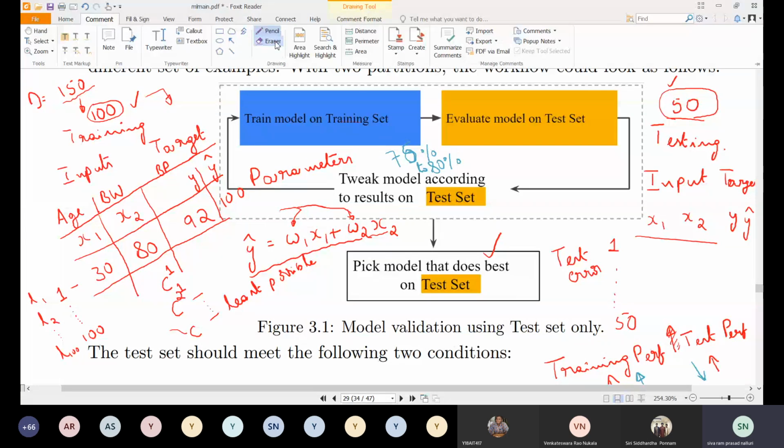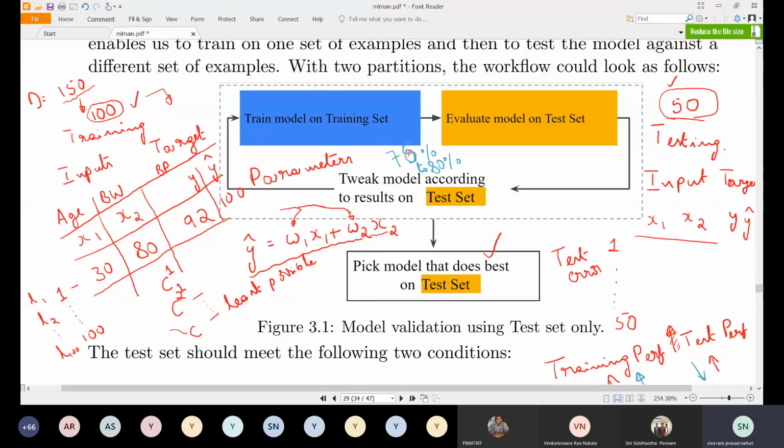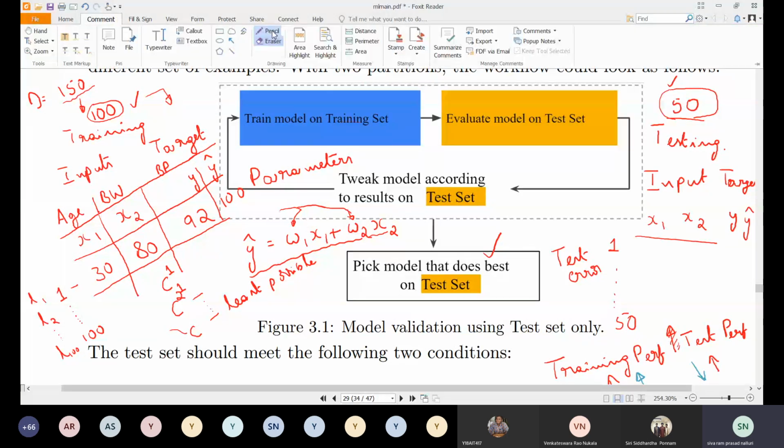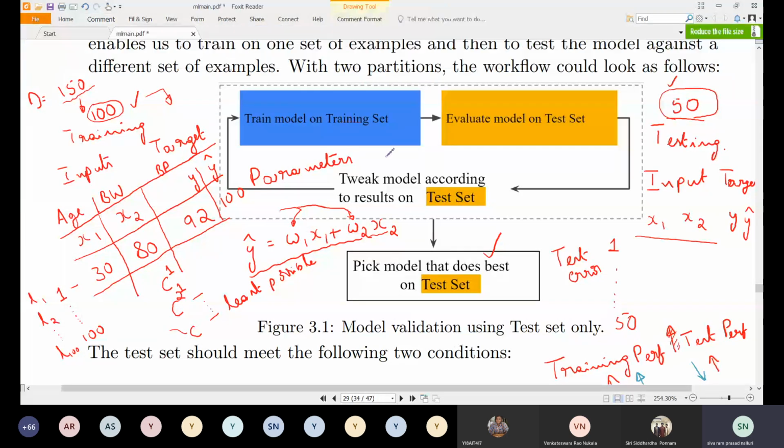So the training set consists of 70% to 80% of the data. That is a variation in the quantum of data you have in the training set. So what is the lower limit? 70%. And what is the upper limit? 80%.